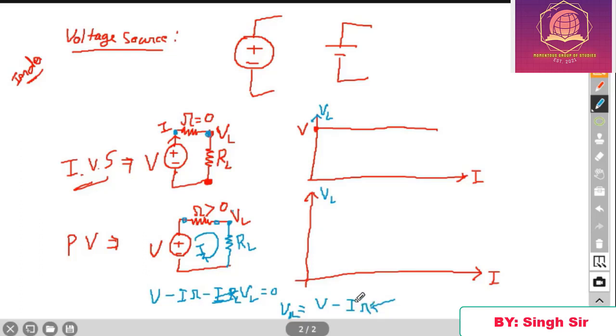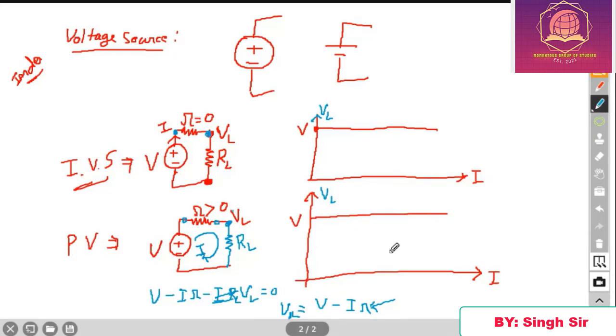As this current will increase, the value of voltage at this terminal is going to decrease. You're getting it? If I draw it like this, if this r is 0, the VL is going to be constant.